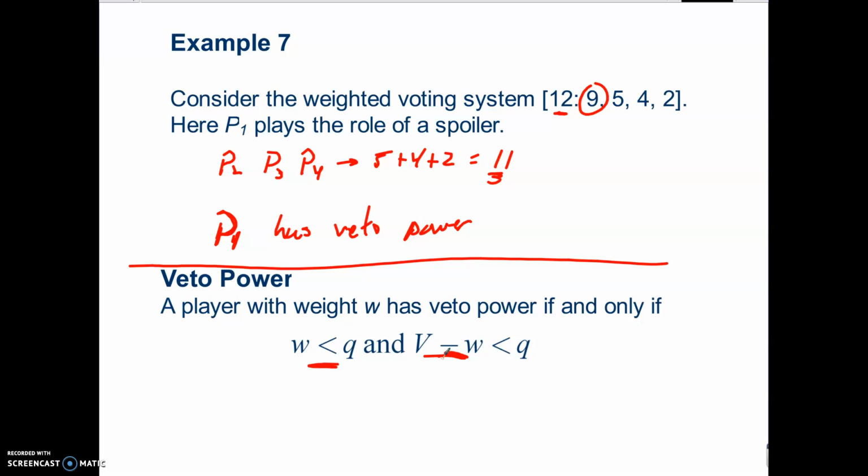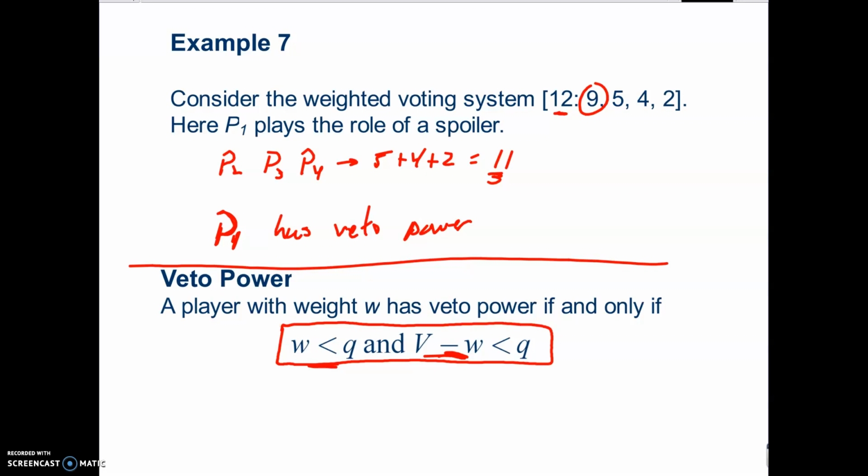So this is how we will know that a player would have veto power. This is kind of an important little thing. If you want to avoid players having veto power, this is when they would have veto power.